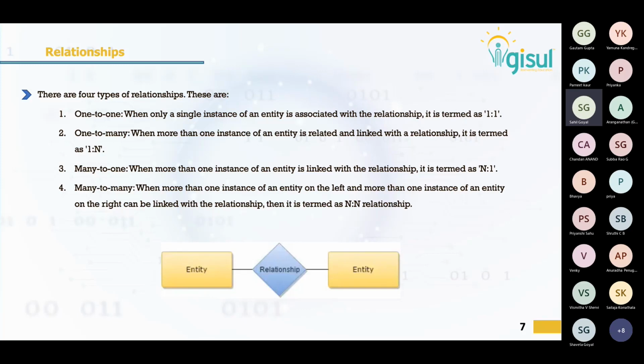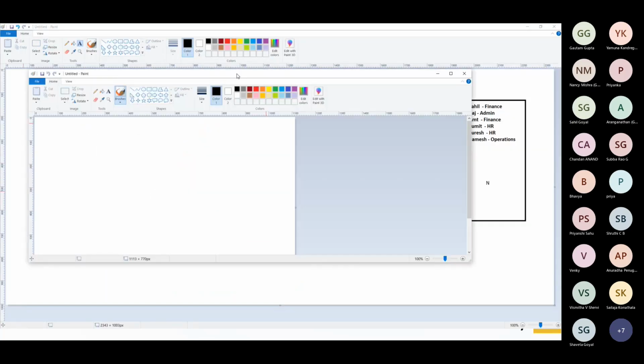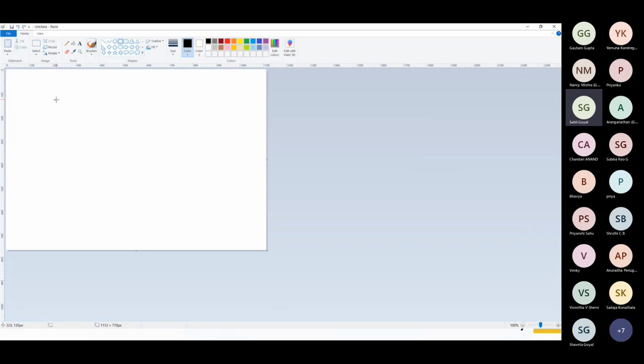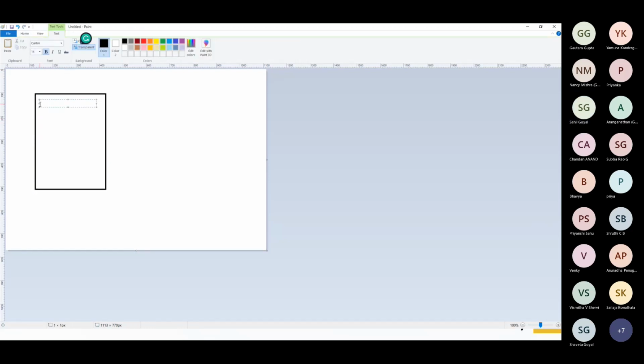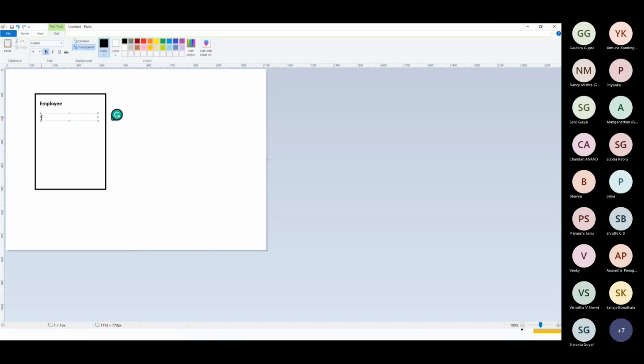So that becomes your many to many cardinality. So for example, let's say I have an employee table, and in the employee table I have the employee name.